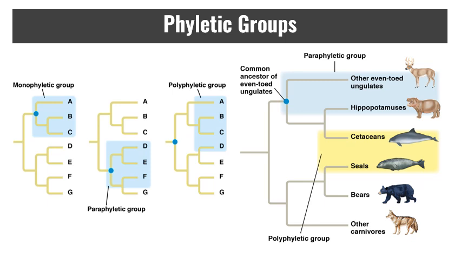A phylogenetic tree that is properly set up will include all of the organisms and their most recent common ancestor in a single clade. So a monophyletic group, that's going to be considered more accurate. Okay, a valid clade, a valid group.